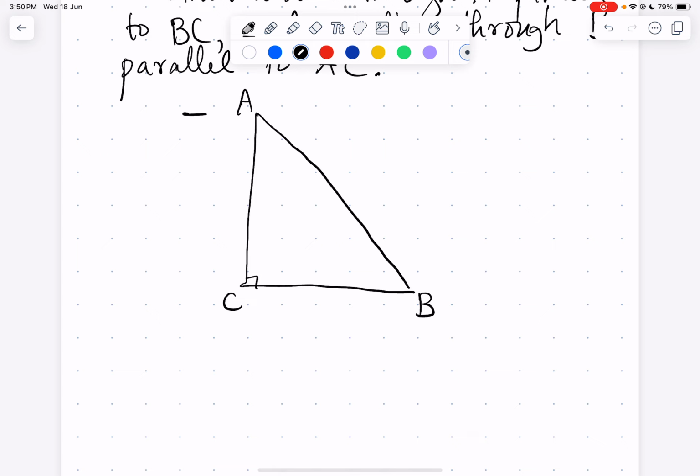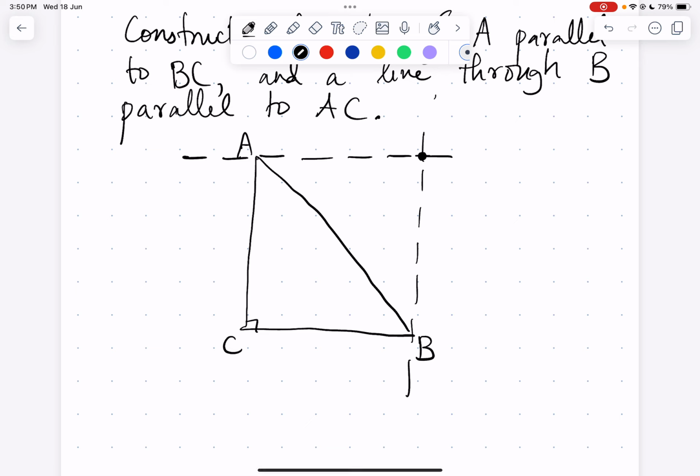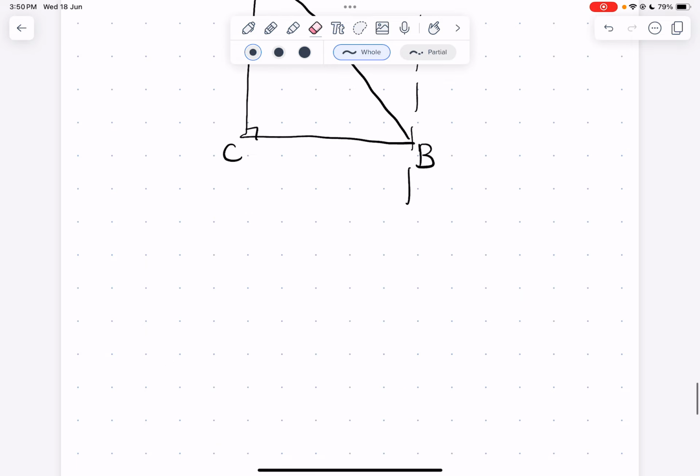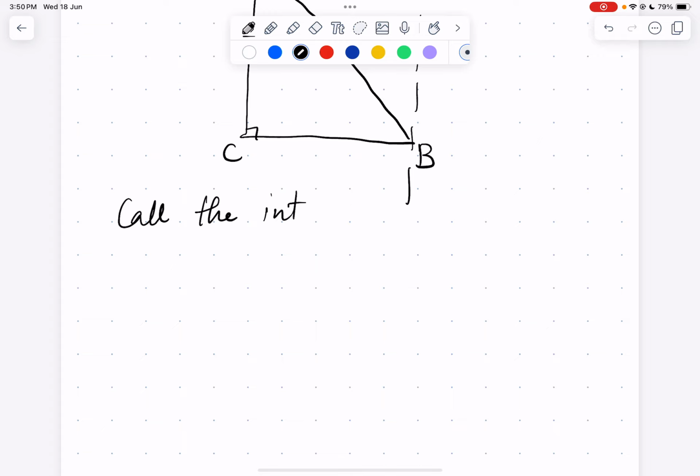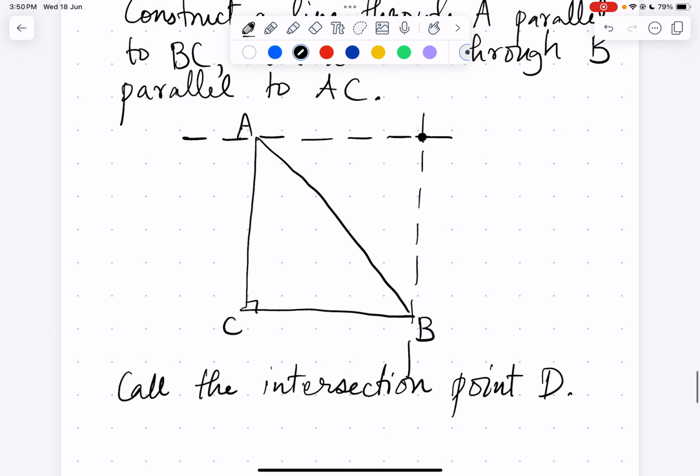So construct a line through A parallel to BC and construct a line through B parallel to AC. Call the intersection point D.